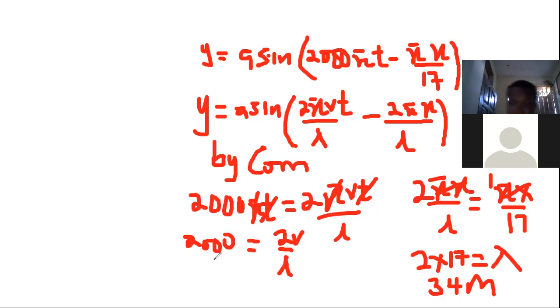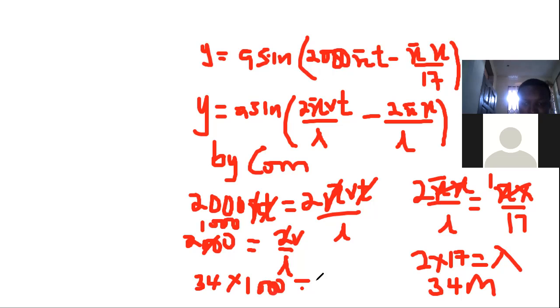Good. So when we put the 34 here, we are going to get 34 times 1,000, because we assume the 2 cancels here and gives us 1,000. So that will give us V, and that will be 34,000.